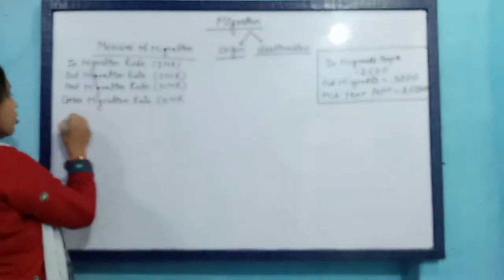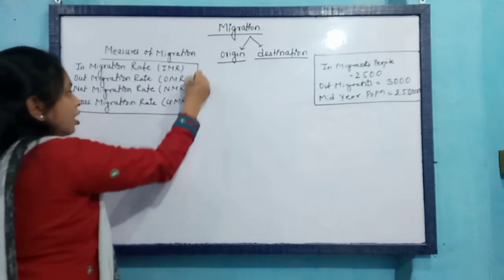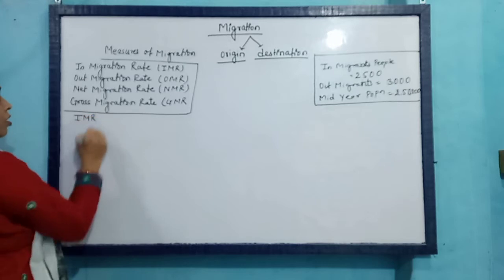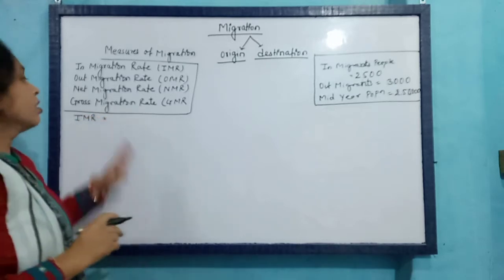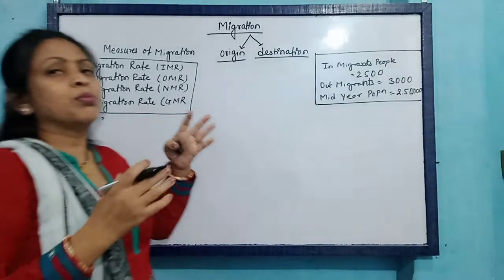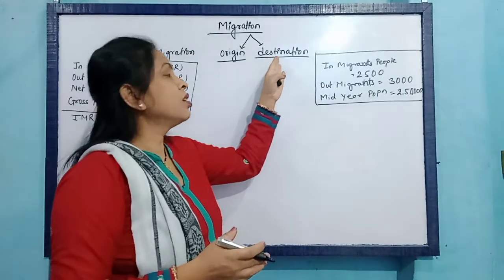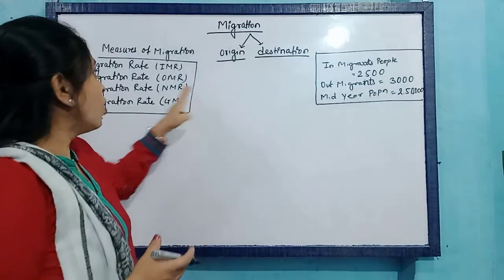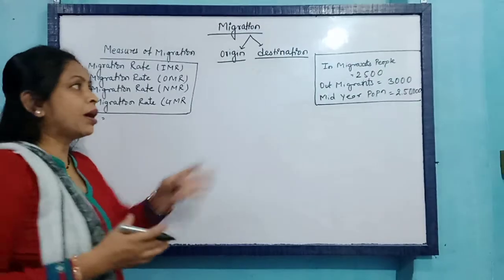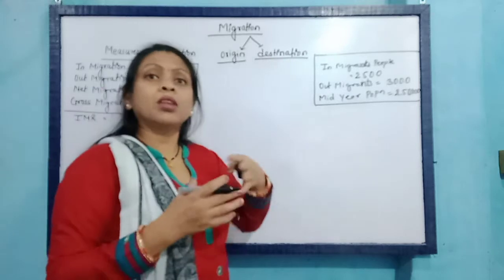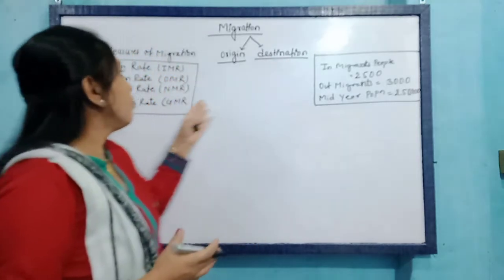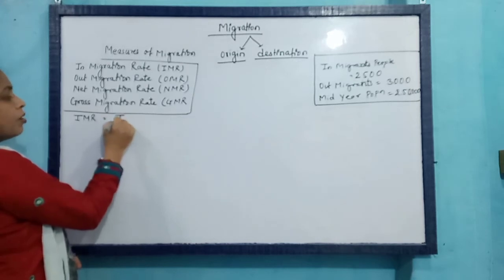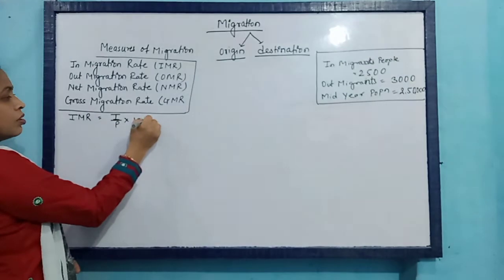First of all, we are going to discuss the in migration rate, IMR. It means how many people migrate to the destination place per thousand. IMR is equal to I by P into 1000.